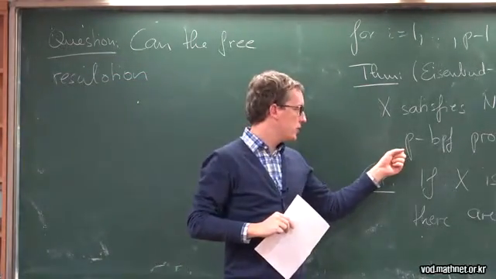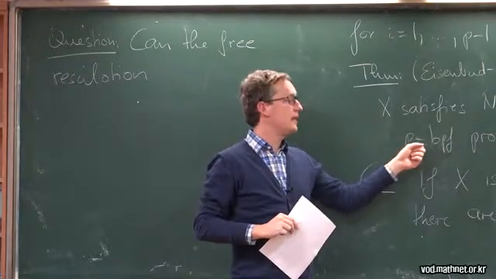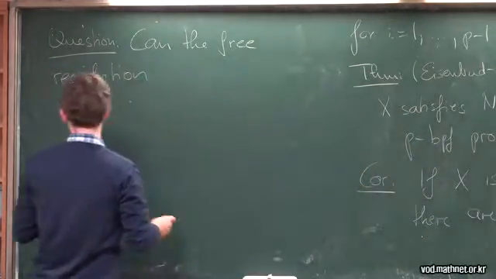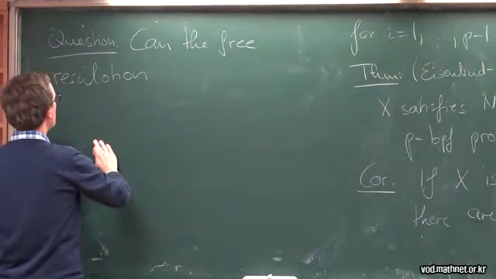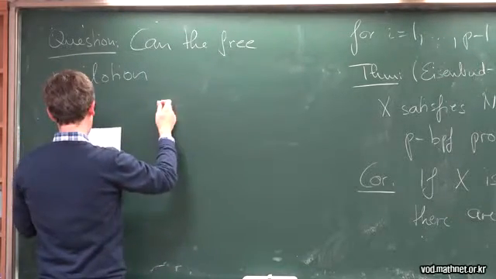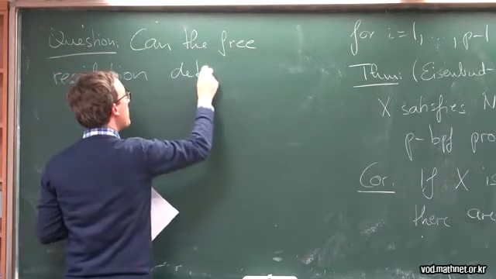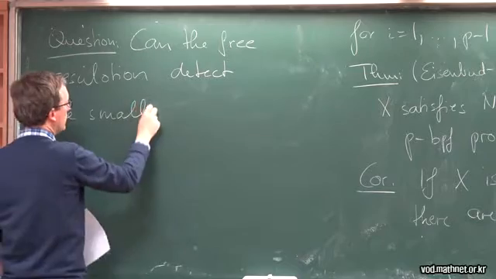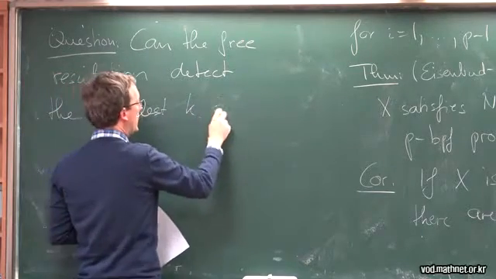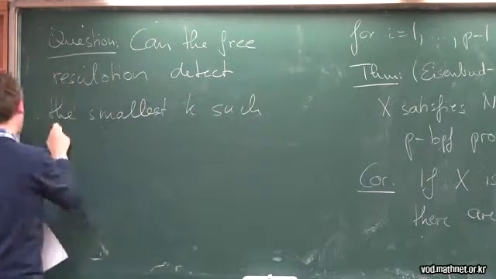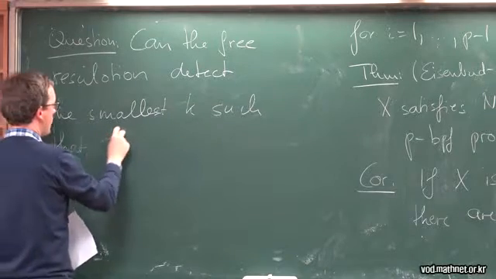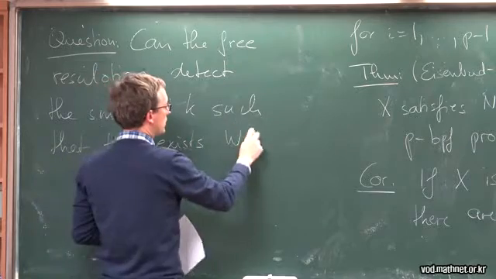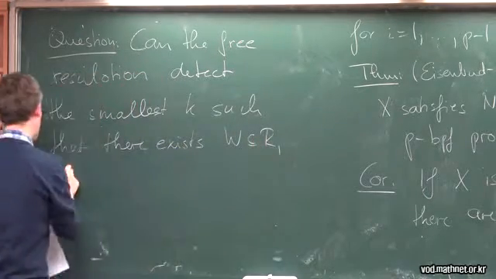So, the codimension of a base point free linear series that generates R2. So this is the highest codimension, or the smallest dimension. Can the free resolution tell me the smallest k such that there exists W in R1 of dimension k?